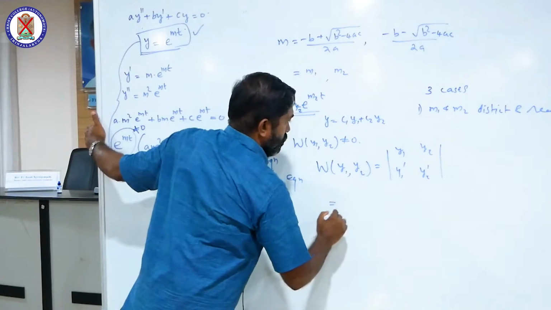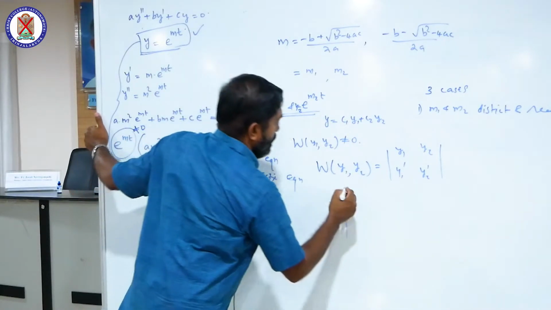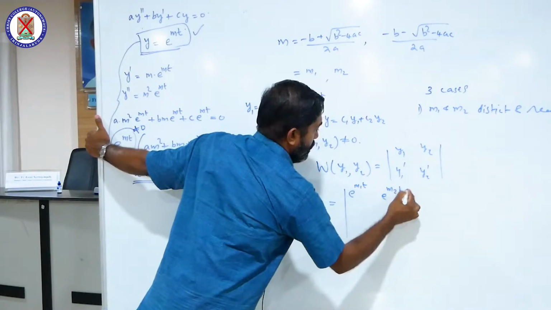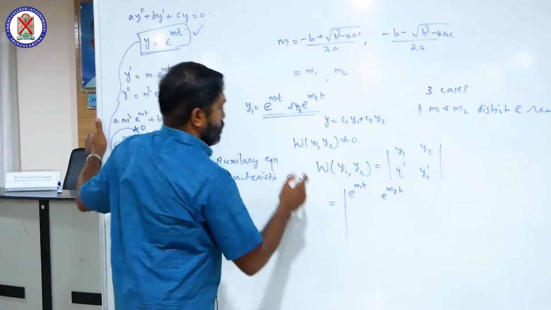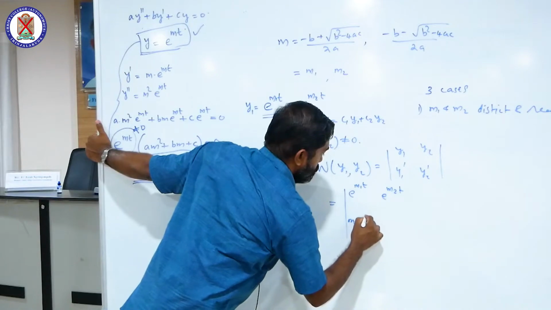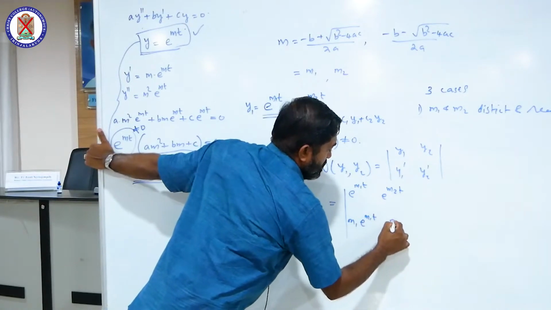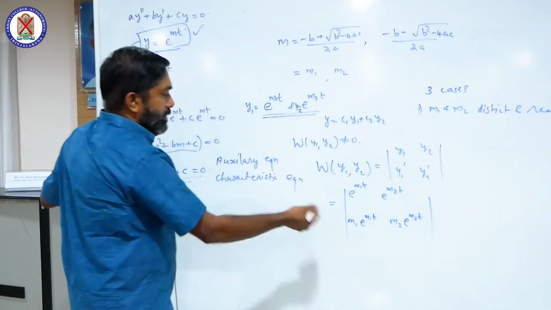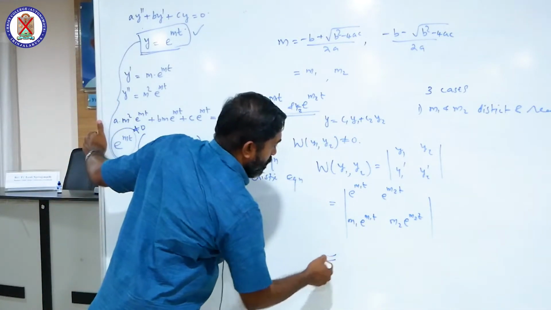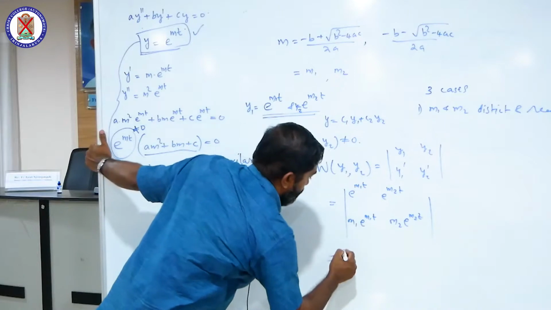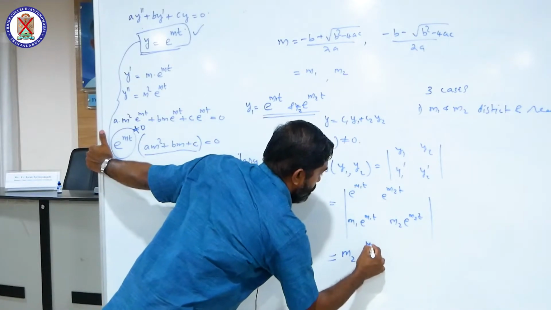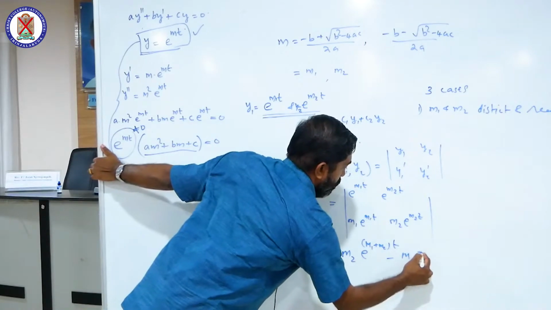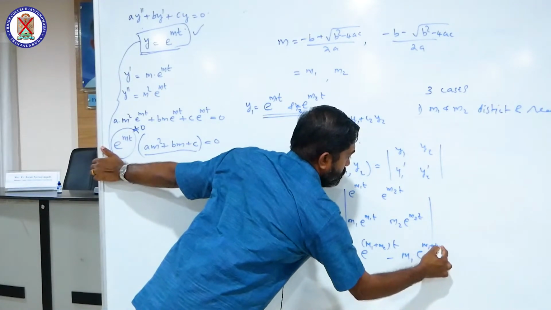So that's equal to the determinant with y1 as e raised to m1 into t, y2 as e raised to m2 into t, and y1 dash, its derivative, m1 into e raised to m1t, and m2 into e raised to m2t. Okay, so its determinant is equal to m2 into e raised to m1 plus m2 into t minus m1 into e raised to m1 plus m2 into t.